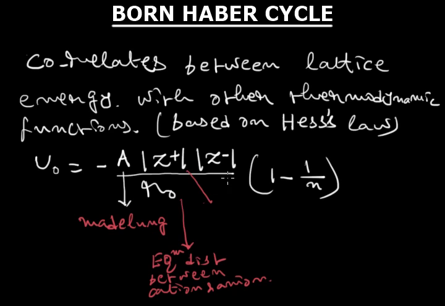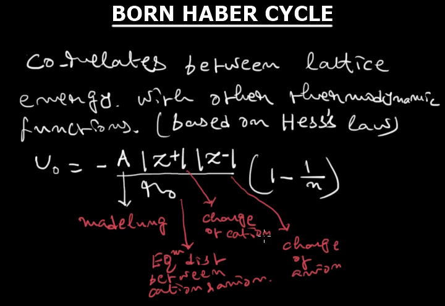Z plus is the modulus of charge of the cation. Z minus is the charge of the anion. R0 is the distance between cation and anion.